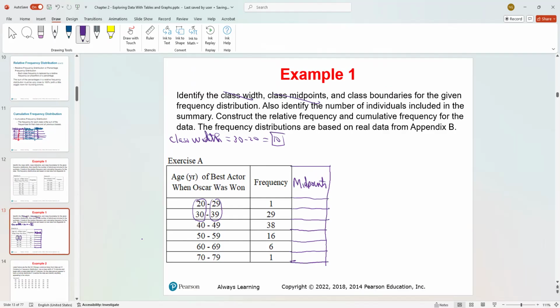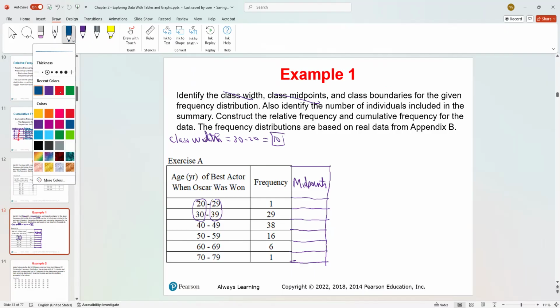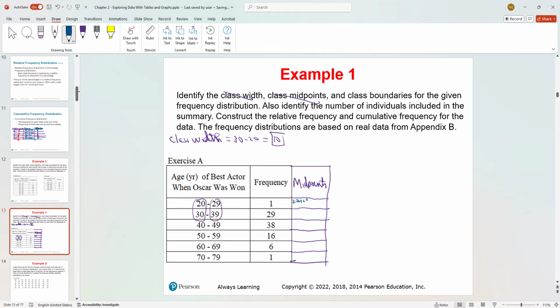Remember for the midpoint, for each class, you add the lower limit to the upper limit and divide by 2. Every time you do that, you're going to find the midpoint. So you do 20 plus 29 divided by 2, that gives you 24.5. So this would be 24.5.